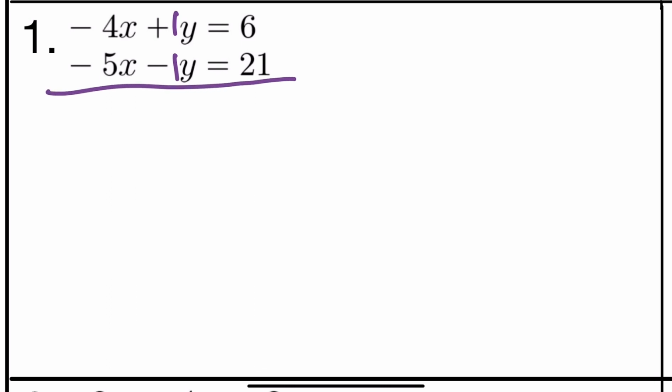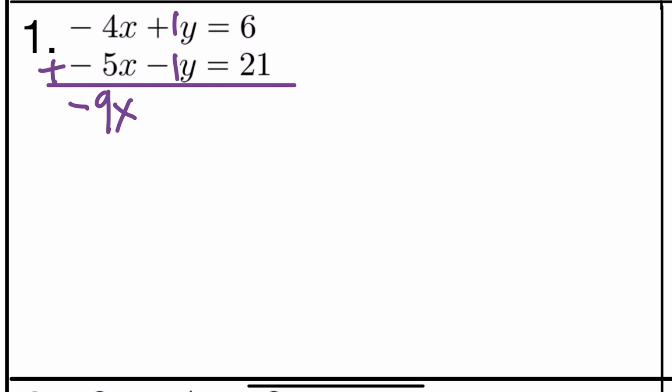And that's going to be our next step here. Step number 2 is going to be eliminating. So I'm going to make this into a big problem and add our pieces together. So we got a -4 plus a -5. All right, well, a negative and a negative will give you a bigger negative. So we're going to have -9x.